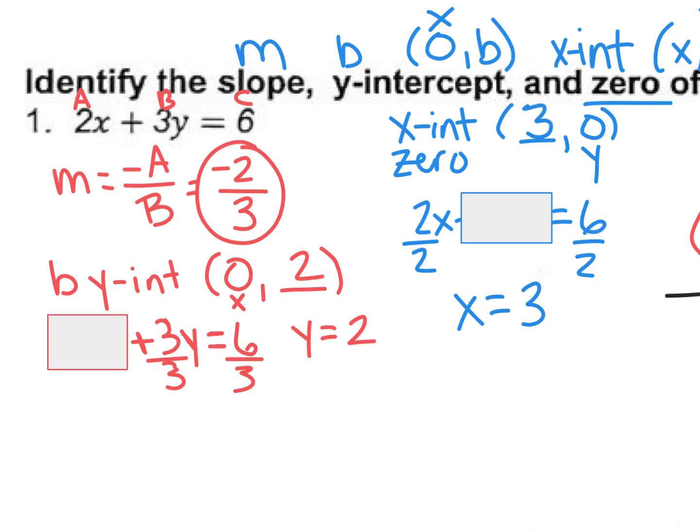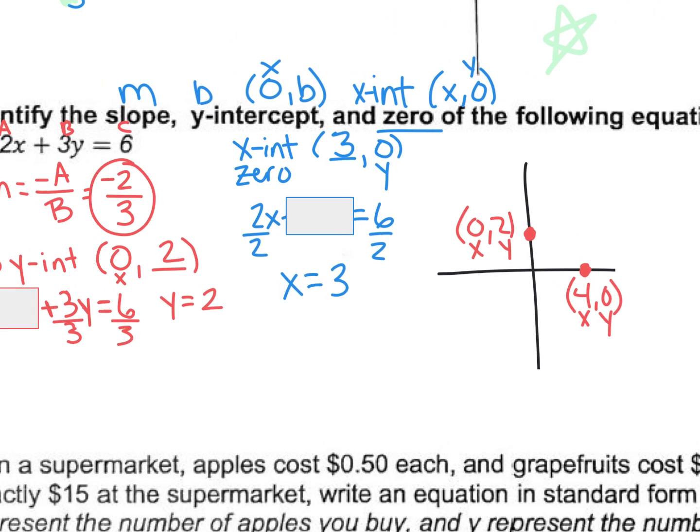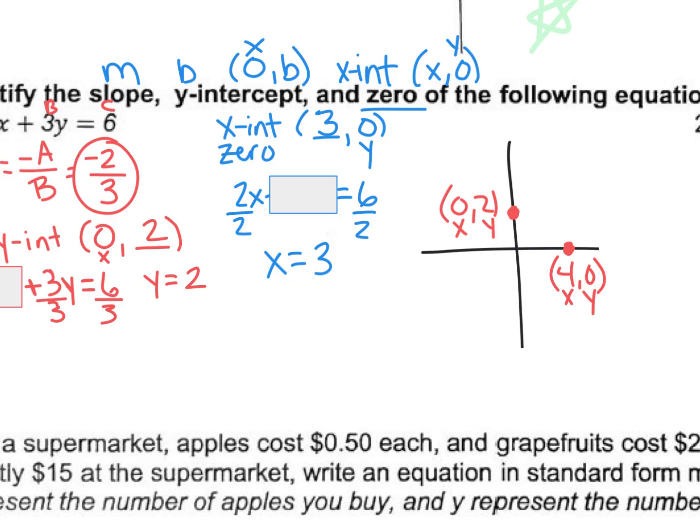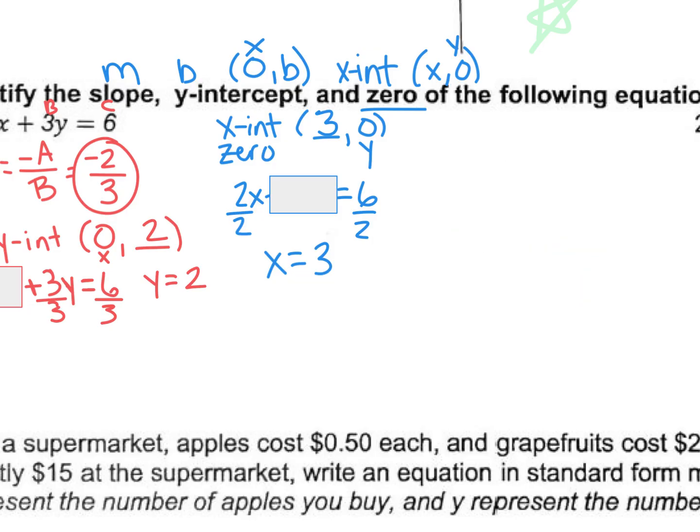So if I was to draw a picture of this, we have a little bit of space to draw a picture. Let me come over here and we'll draw a picture right here. So what do I know? I know I have 1, 2, 3. Here's my x-intercept. I have 1, 2, that's my y-intercept.